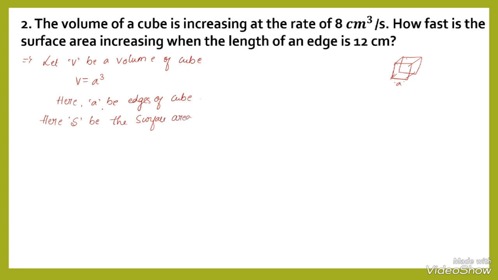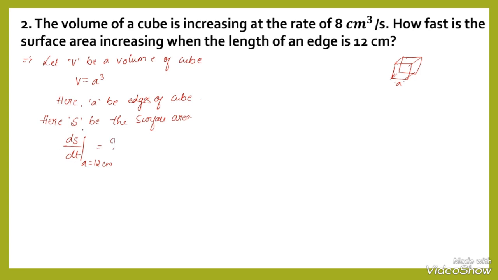I have to find ds by dt, the surface area increasing when the length of the edge is 12 centimeter. So it changes with time only. ds by dt at a equals 12 centimeter. I have to find this only.